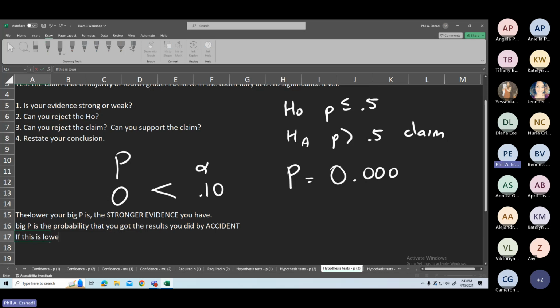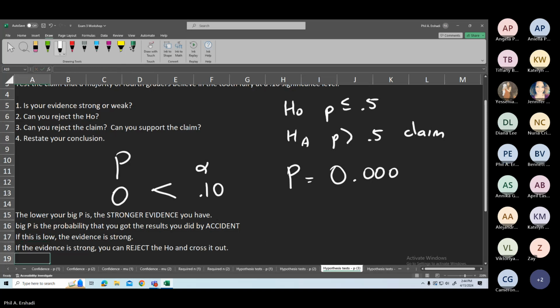If this is low, the evidence is strong. And if the evidence is strong, you can reject the null and cross it out. So that means we're going to come up here and cross the null out.